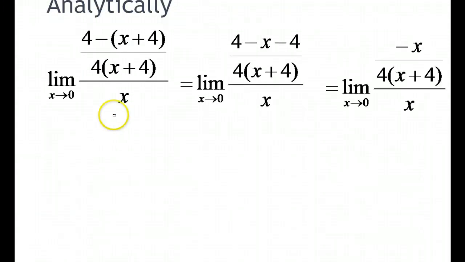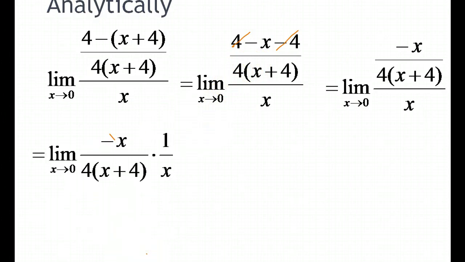And hopefully then you notice that we have 4 subtract x subtract 4, and the 4's are gone. And we have a negative x on top, and then the 4 over x plus 4, still all divided by x. So then I decided to rewrite it a little.